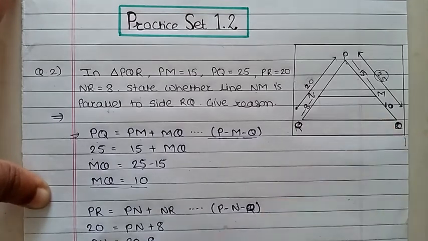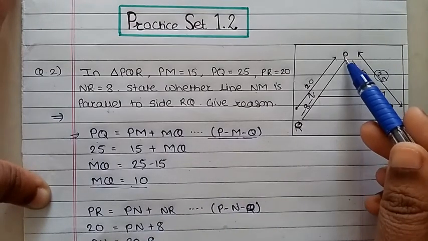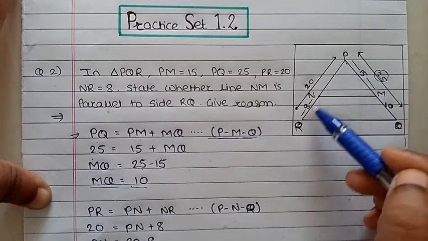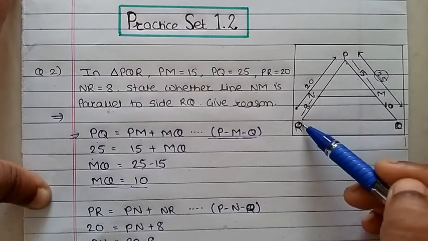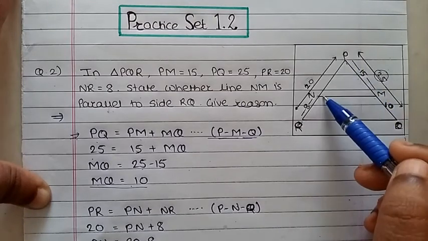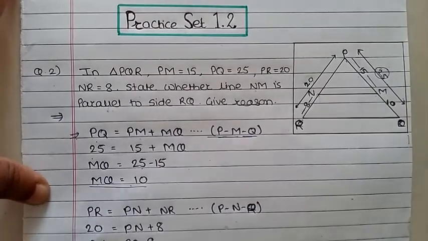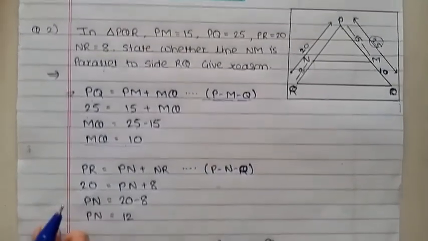Now we have the length of PR and the length of NR, so from these two we get the length of PN. How to get this? Just observe here.